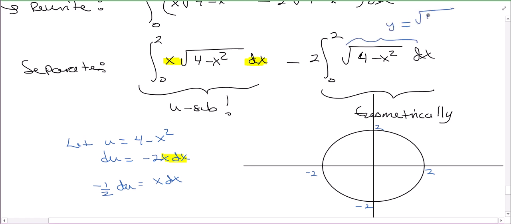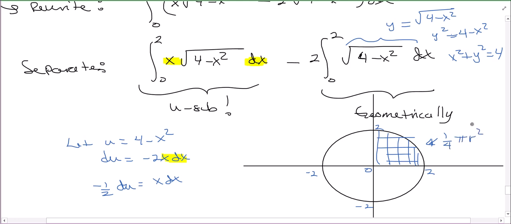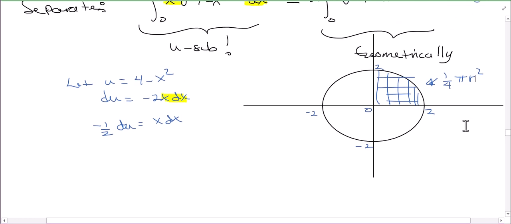So y equals the square root of 4 minus x squared. Square both sides, get the x's and the y's together. So that's a circle, center at 0, 0, radius 2. But this one's the area from 0 to 2. So here's 0, there's 2. I'm looking at chopping up this area, so I just want a quarter of the circle. So this will be 1/4 pi r squared, because it's just a quarter of the circle.